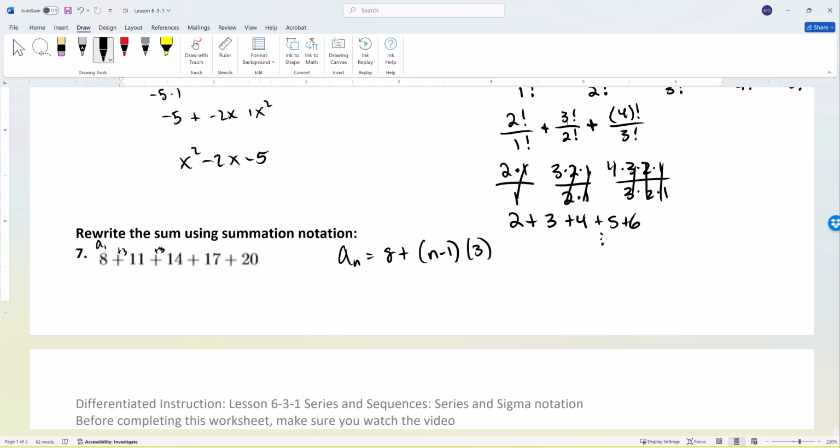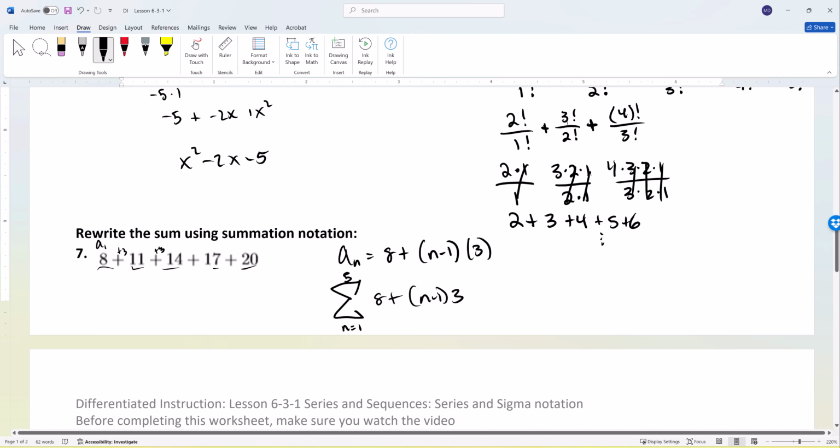So what I should do is I should simplify this just a little bit. Well, actually you don't have to. You could say, okay, now summation from n equals 1 all the way to 5 of 8 plus n minus 1 times 3. Technically that works. You can do that. Sometimes people like to distribute the 3, and it doesn't matter which way.